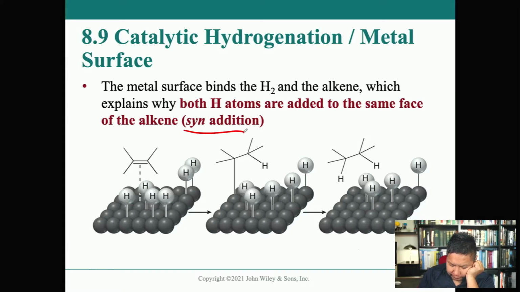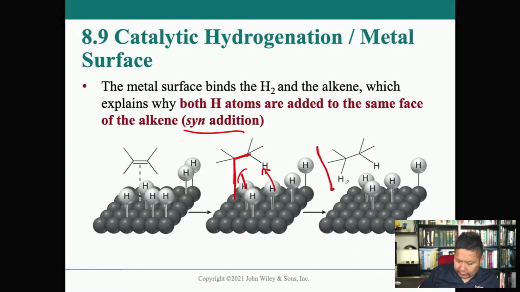Once the platinum attaches itself to the alkene, only one face of that alkene is pointed towards the platinum, so the hydrogens come off and get attached, though not quite so simply. I'll show you a mechanism later. They add on the same side, not from the back side, because that side isn't exposed to the platinum.